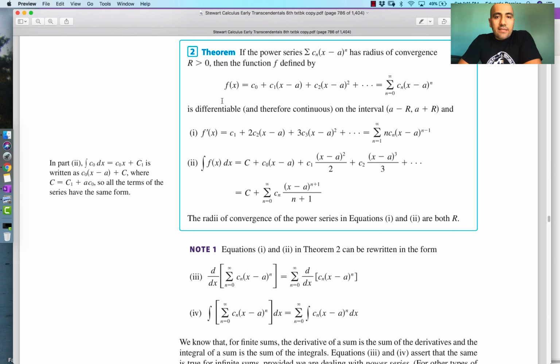And then what we learned in that section was that we can take derivatives or we can integrate, right? So we can take the derivative of f of x, or we can take the integral of f of x, and it was okay to do it term by term, right? That's true only for a power series. Doing it one at a time out to infinity, infinity can be a tricky thing.